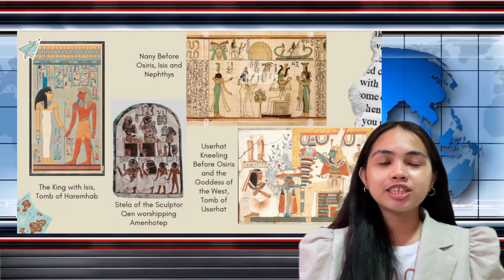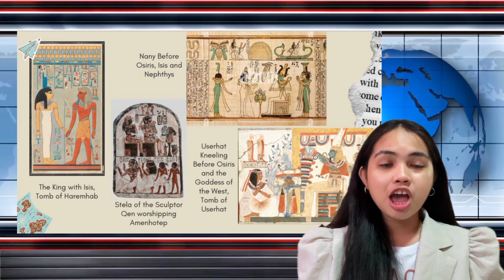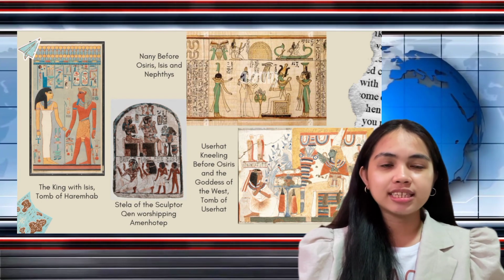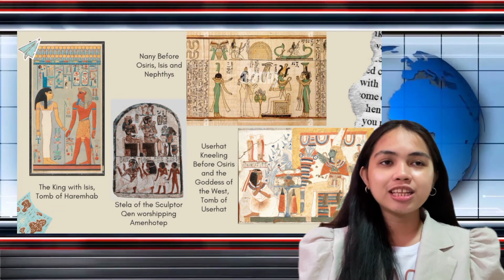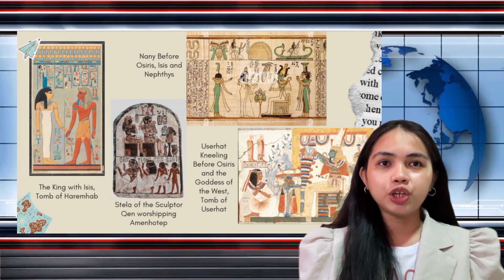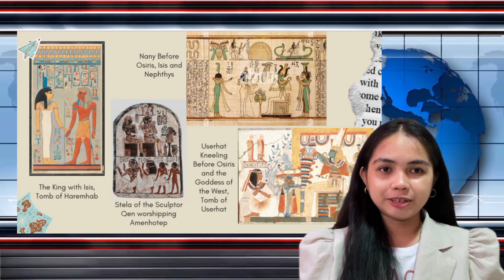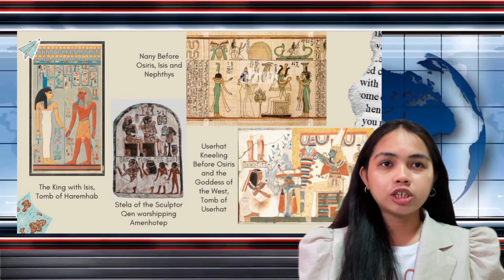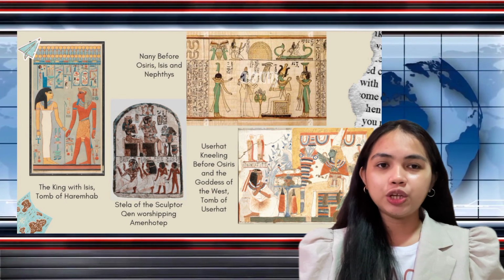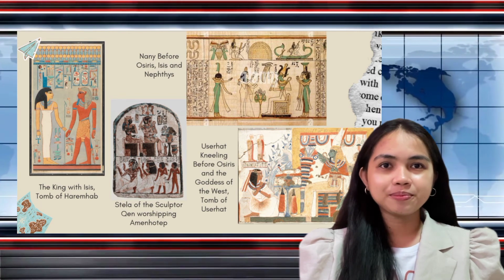Now, here are some examples of famous paintings in ancient Egypt. First is the King with Isis, Tomb of Haremhab, by the artist named Lancelot Crane during the original New Kingdom, 1323 to 1295 BC. Second is the Stela of the sculptor Ken worshipping Amenhotep during the New Kingdom, 1279 to 1213 BC.